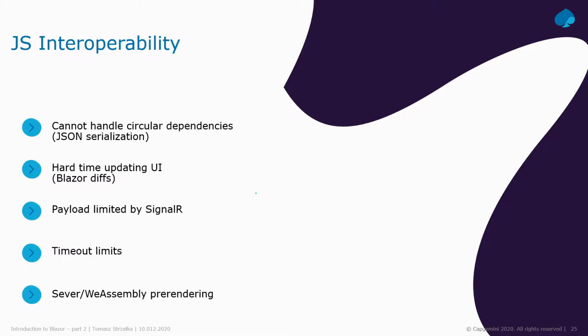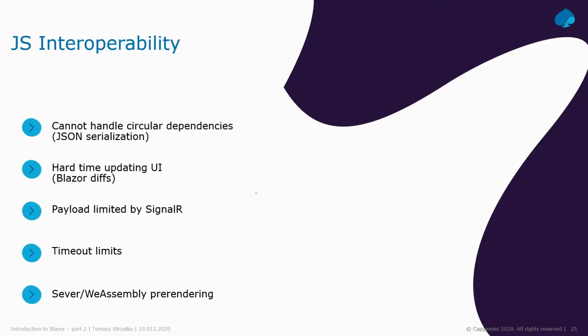And of course, there is another limitation, this time tied to SignalR. This is basically the bridge between Blazor Server and the browser. JavaScript cannot return an object of any size, because the payload is limited by SignalR. We can also tweak that in the settings on our server, the same as we can tweak the timeout for our JavaScript to create the response.